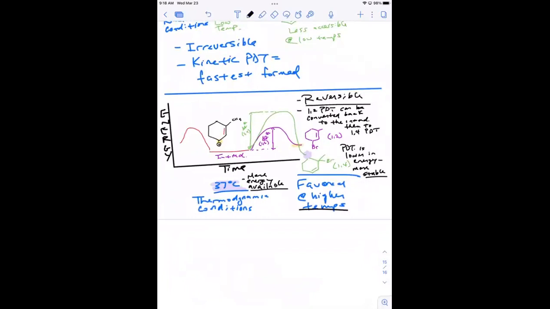So you're able to go from the higher energy, less stable product back to the intermediate, and then get converted into the more stable product.